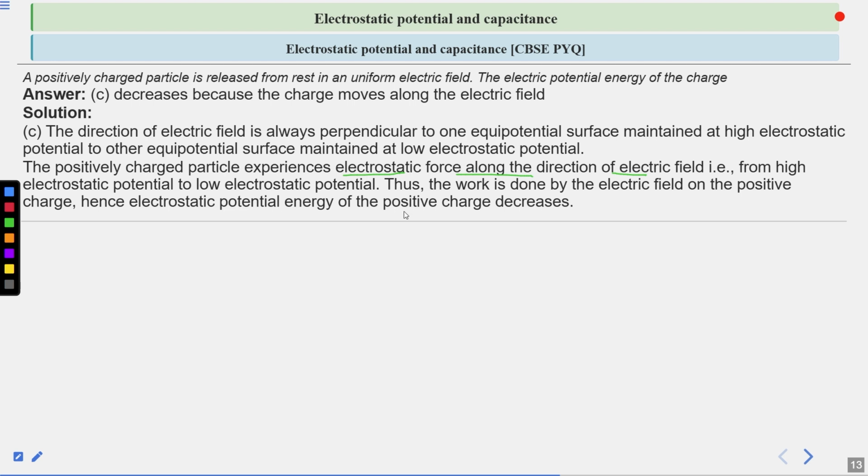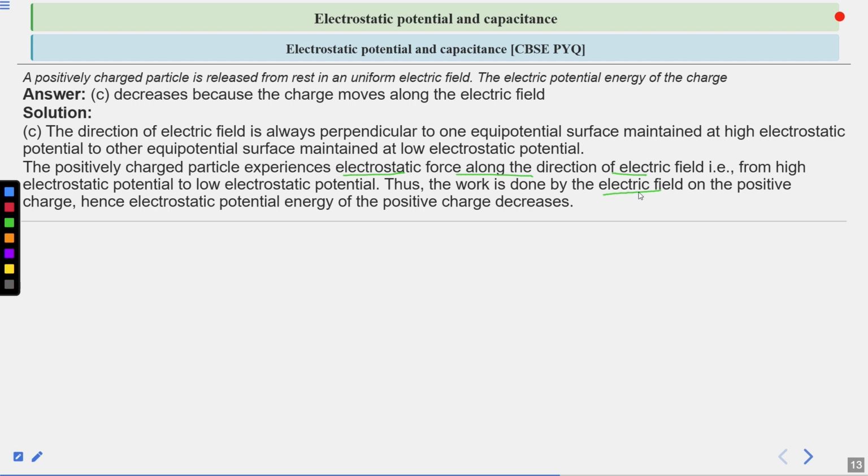Also, we know that if work is done by conservative forces, then the change in potential energy is negative, meaning the final potential energy is less than the initial potential energy. The electric field is conservative, and the force acting due to it is also conservative.